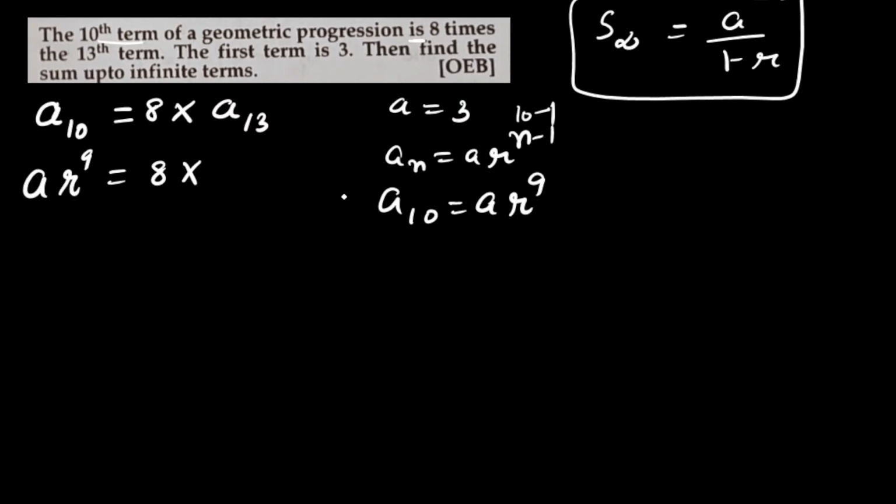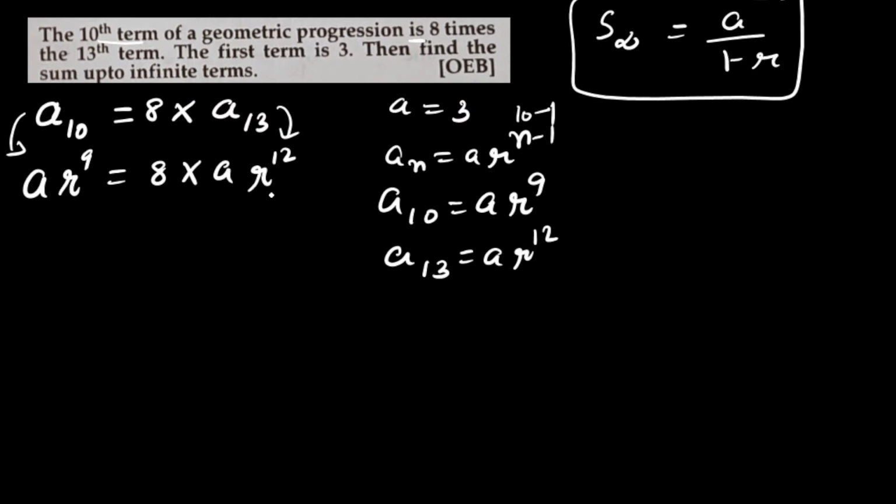So 8 into A13's formula: A13 is A into R to the power 13 minus 1, which is 12, so A into R to the power 12. I have just written the formulas of the 10th term and 13th term.